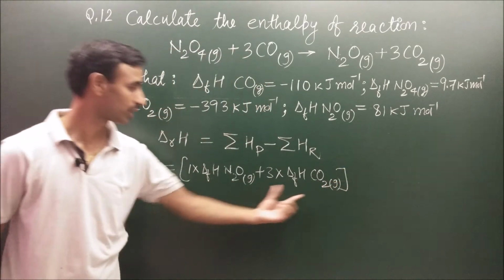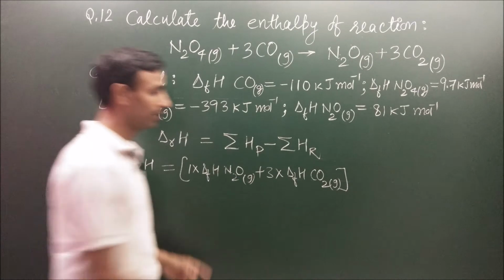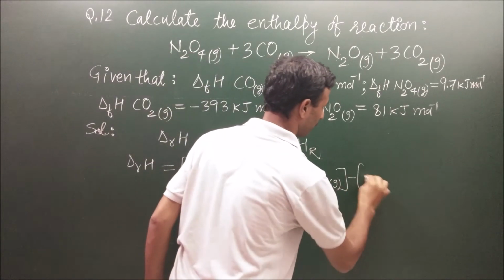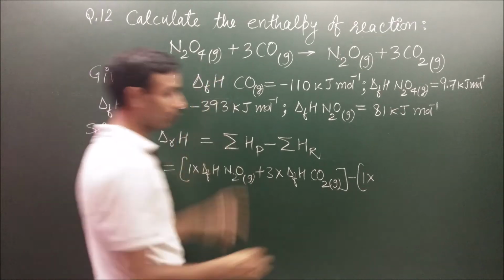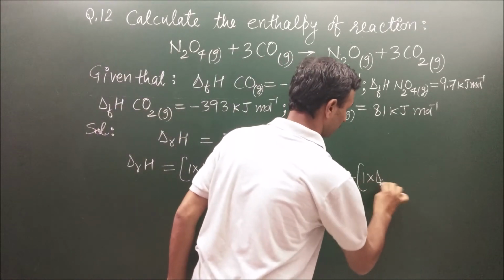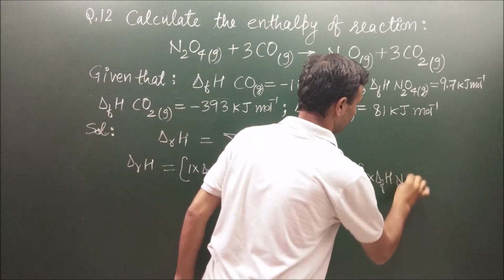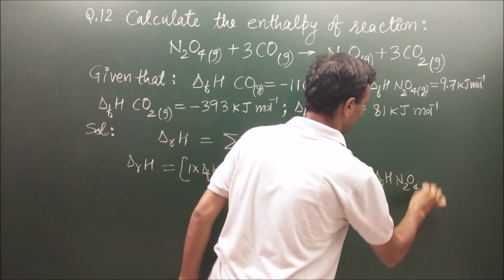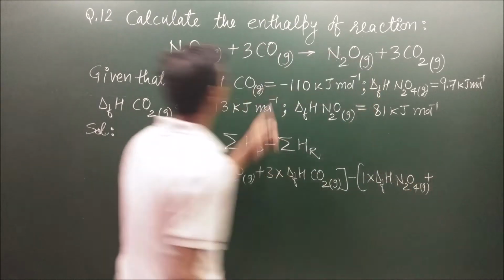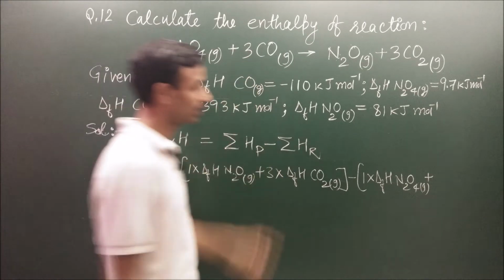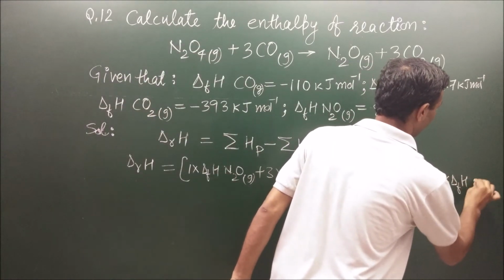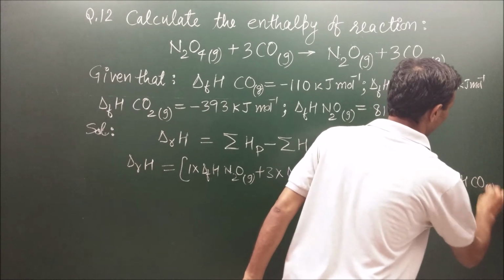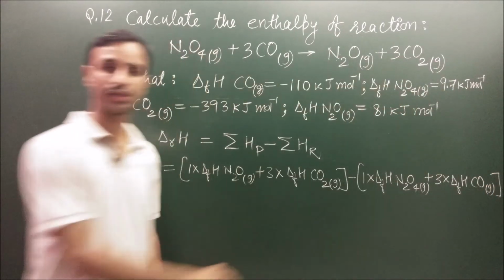This is the sum of the enthalpies of products, minus 1 into enthalpy of formation of N2O4 plus CO. How many moles? 3. So 3 into enthalpy of formation of CO gas.